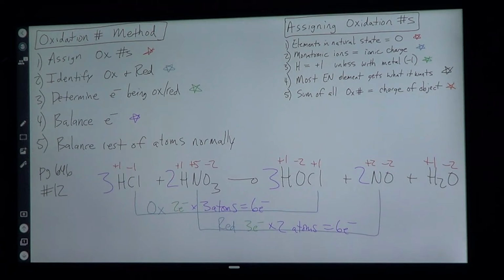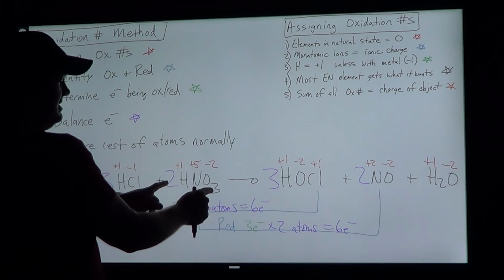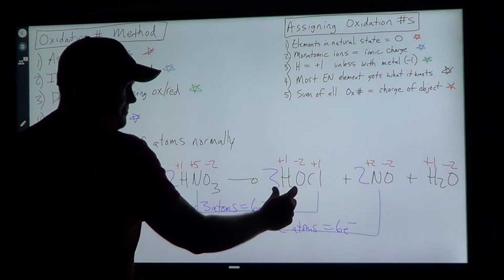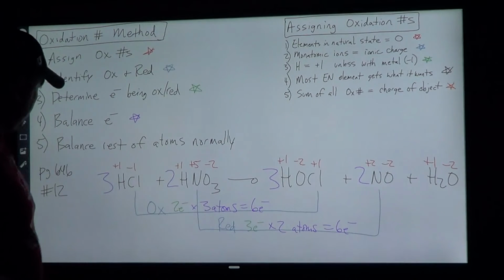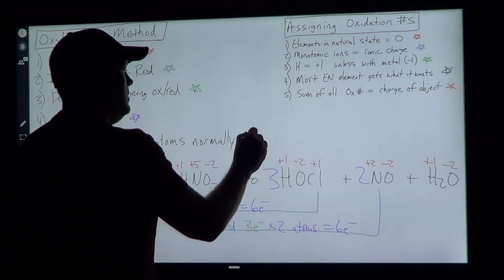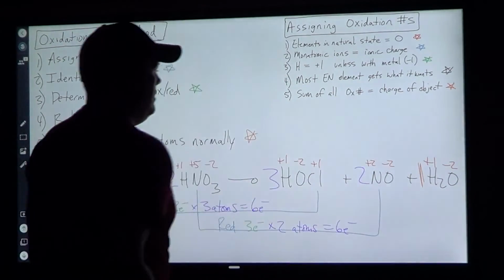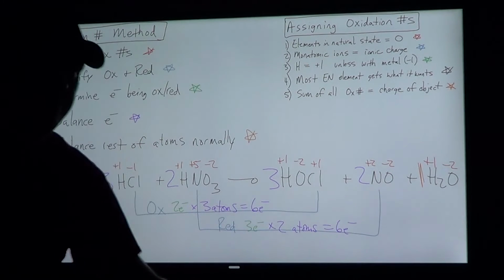The oxygen is the tricky one, so let's just make sure we're good there. We have 6 oxygens on the left from the nitrate. We have 3 in the first chemical, plus 2 in the second chemical, plus 1 in the third chemical. So we did not actually need to do step 5, because that was the only chemical that we could have put a number in front of, and it was already balanced. Okay?